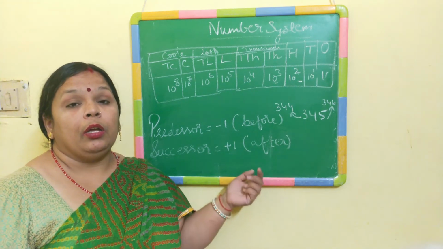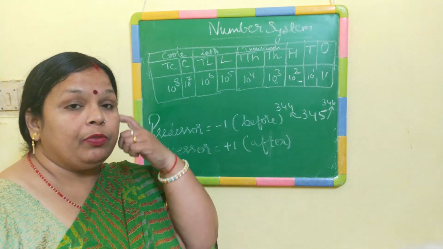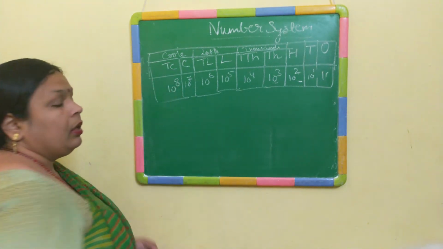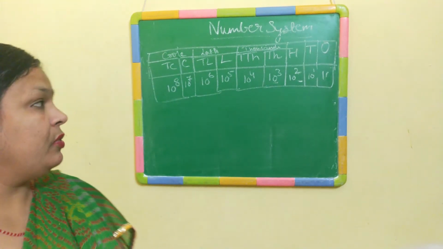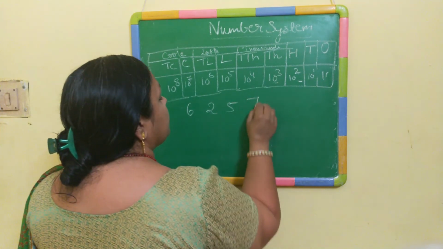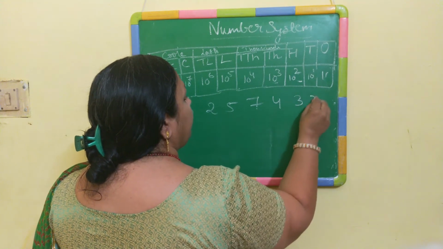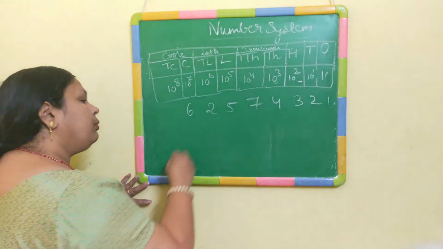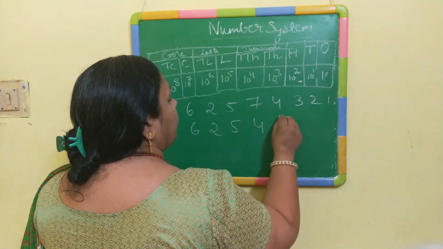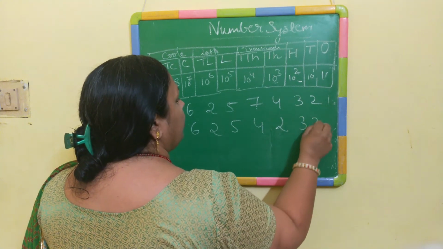Now we will be comparing the numbers and then we will take the example of ascending and descending order. Now to compare a number, let's take 6,24,321 and the other number be 6,25,74,321.